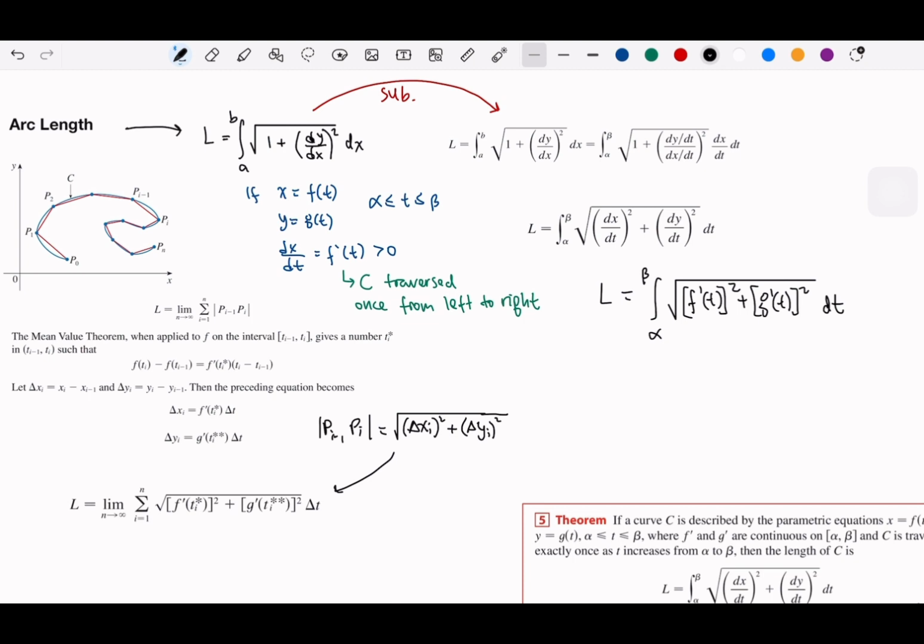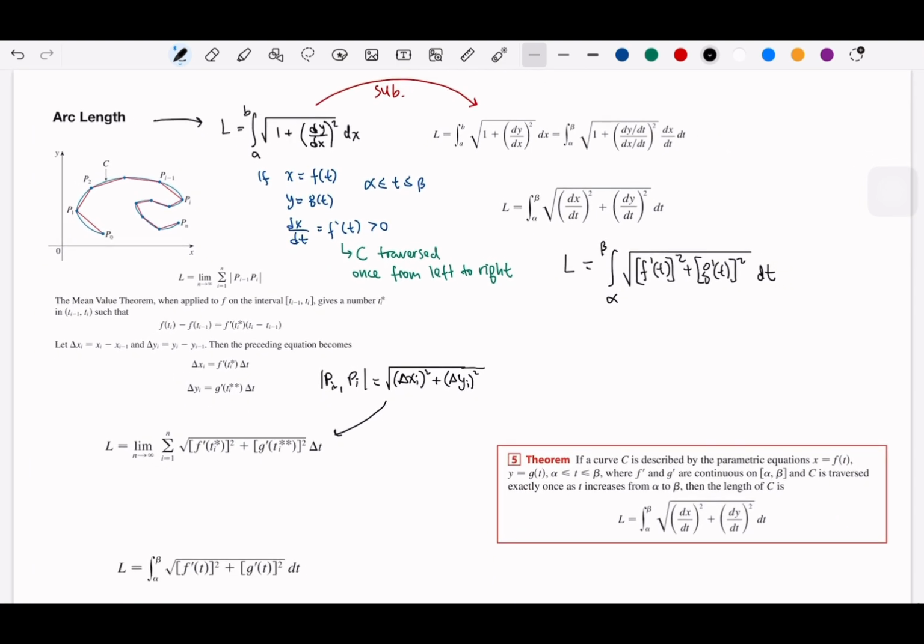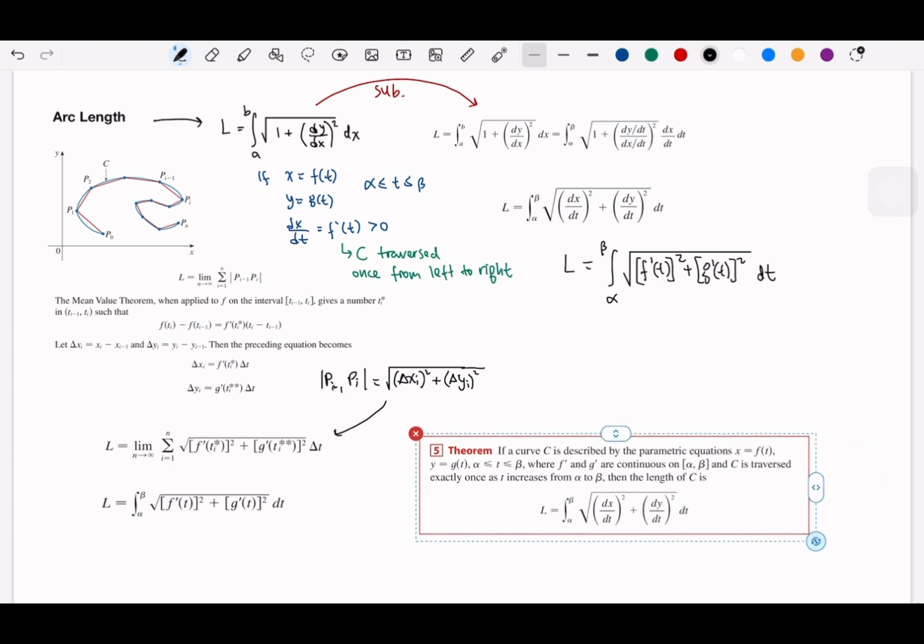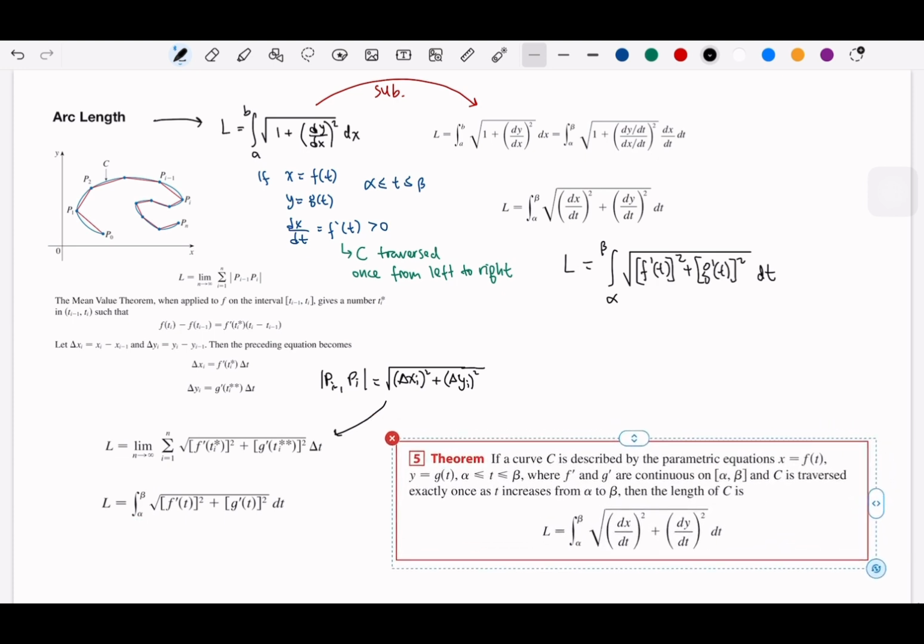Okay, maybe let me just write, or give you this, practically the final theorem for the arc length.